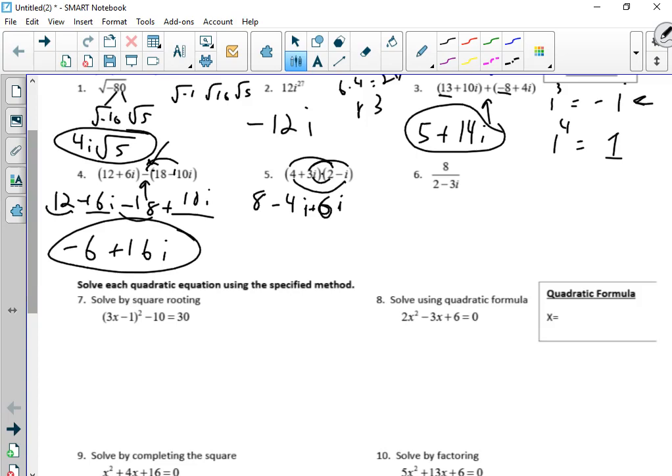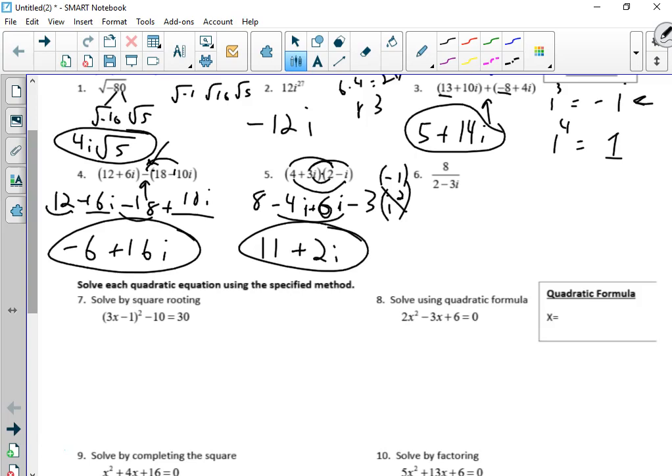And 3i times -i, careful here, is -3i squared. Remember, I like to put that in parentheses. I actually like to do this and put a -1 there in parentheses to remind myself to multiply by that -3, which is going to become a positive 3 plus 8 is 11. And then 6i take away 4i is plus 2i.